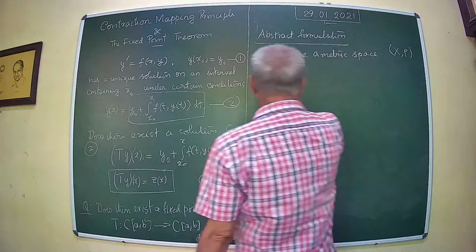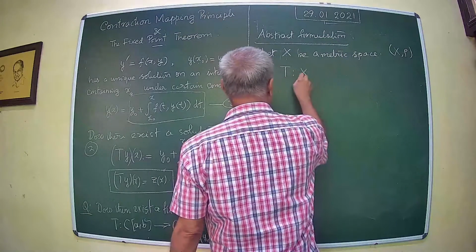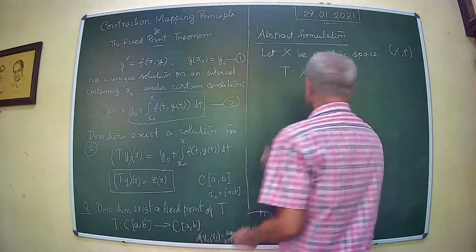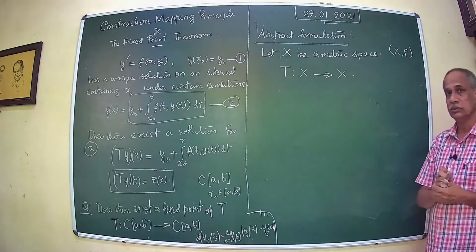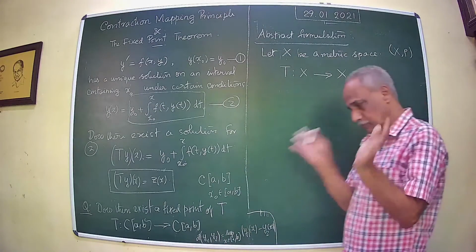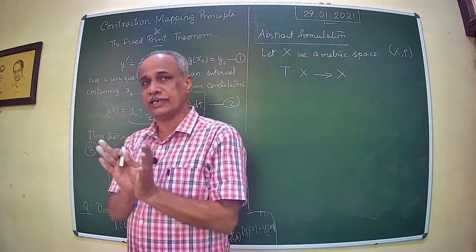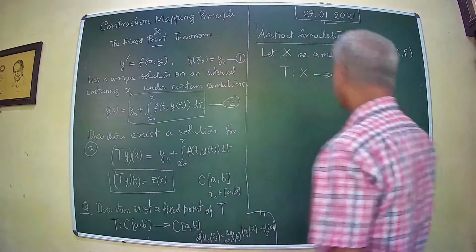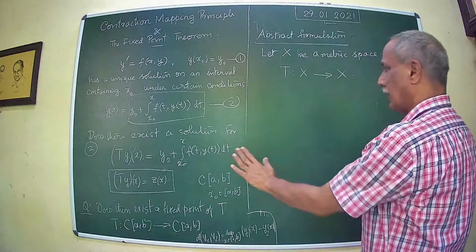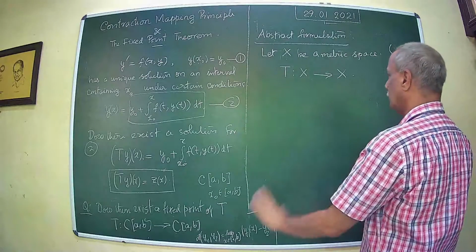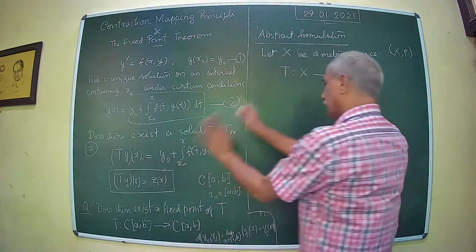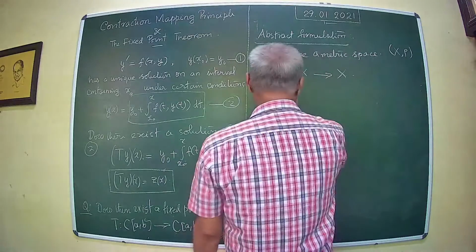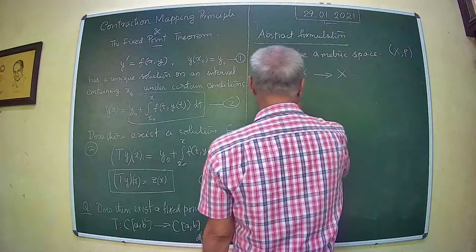Now we take a map T from the metric space X into the metric space X. Now the fixed point problem, or the abstract formulation of all these problems, is given by this.